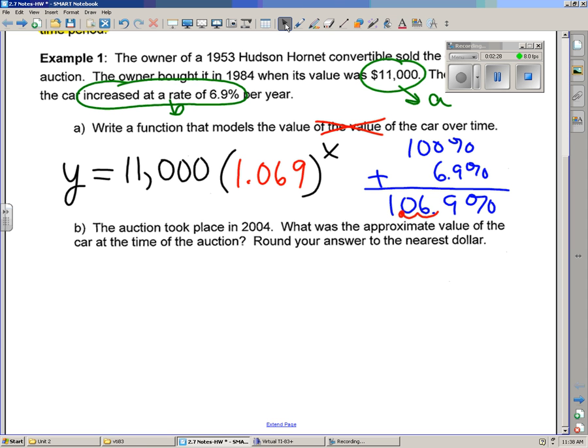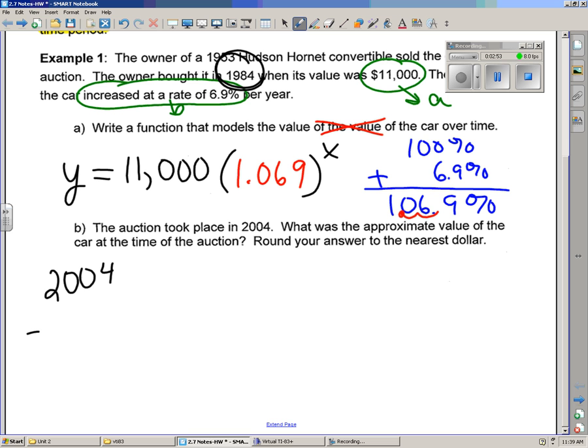That's your equation. And now it says, well, the auction took place in 2004. What's the approximate value of the car at the time of the auction? Round your answer to the nearest dollar. So you need to figure out how many years have elapsed from 2004, when the auction took place, to 1984, because we talked about when the owner bought it.